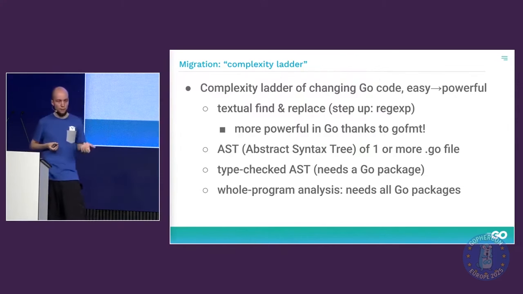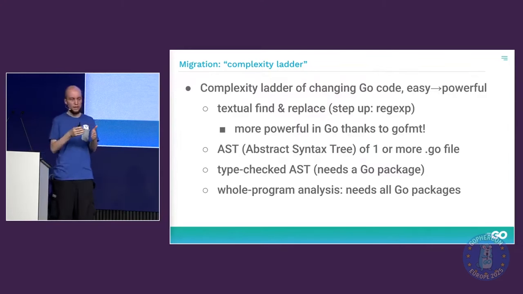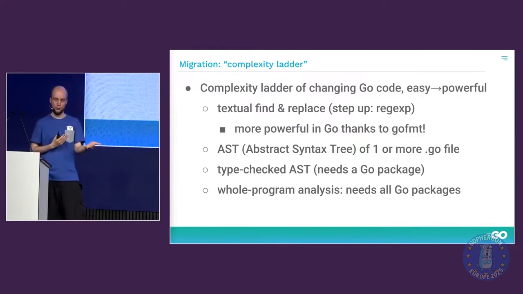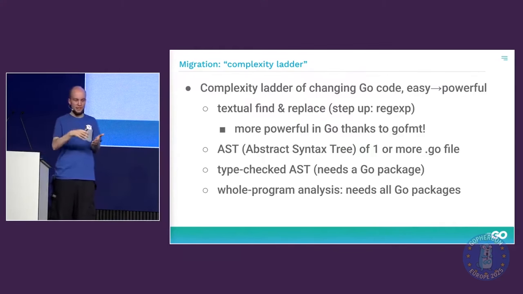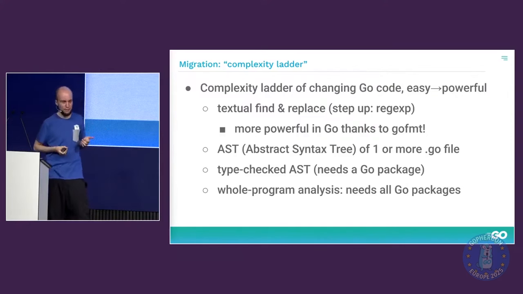The next step up from here is a type-checked AST. Because if you only have the AST, that means you have all of the identifiers, but you don't necessarily know what they mean, like what they refer to, right? They could be a reference to another package, and then you would also need to inspect that package to learn about what it really is. So with a type-checked AST, what that means is after you build an AST, you just run Go's type checker on it.